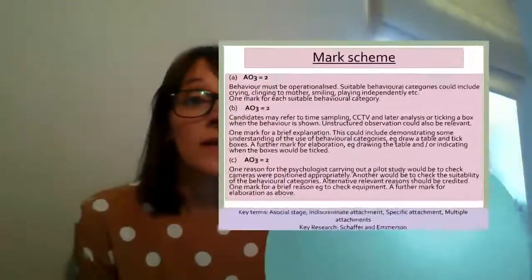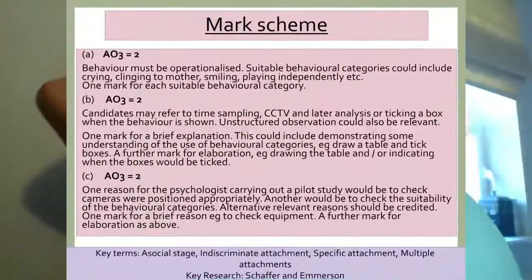Okay, so here's our mark scheme. So the first question, we must operationalise the behaviour. Some behavioural categories could be crying, clinging to mother, smiling, playing independently. So you have to give a specific behavioural category. You can't just say like being happy with the mum.